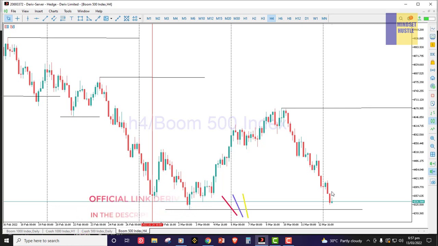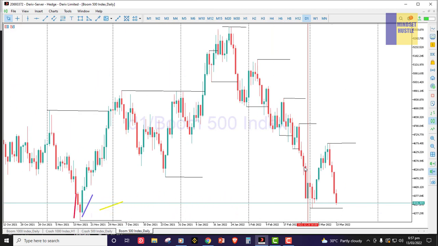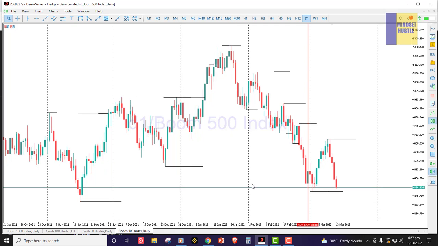But mind you, one thing you need to understand: if you come to the daily time frame, we are around what we call a daily time frame demand. So price has already mitigated that area. Now you can go onto the lower time frame, because this area has already been mitigated.